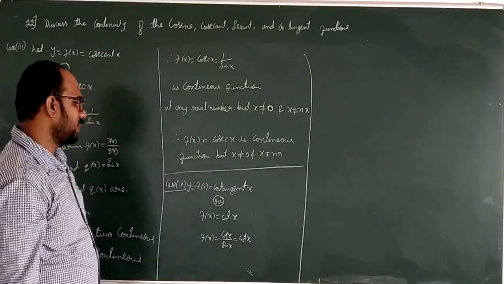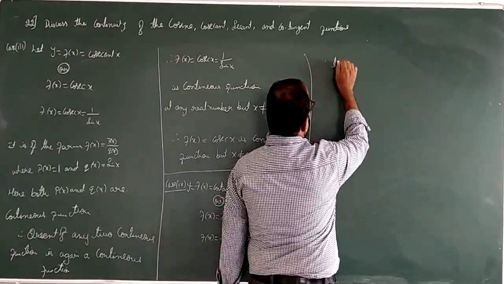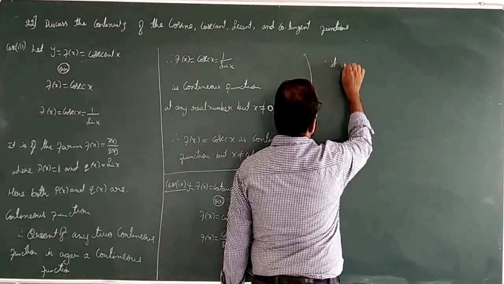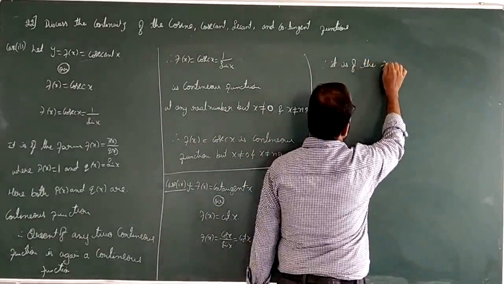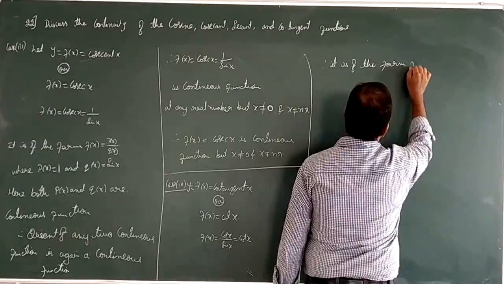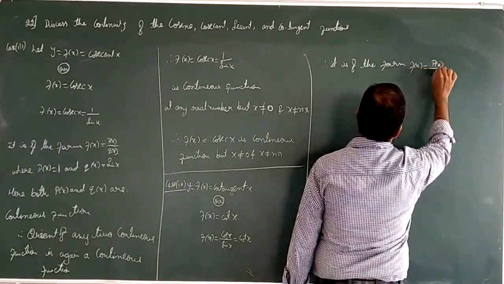Here it is of the form f of x is equal to p of x divided by q of x.